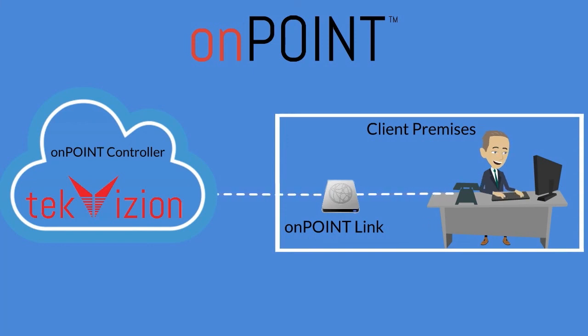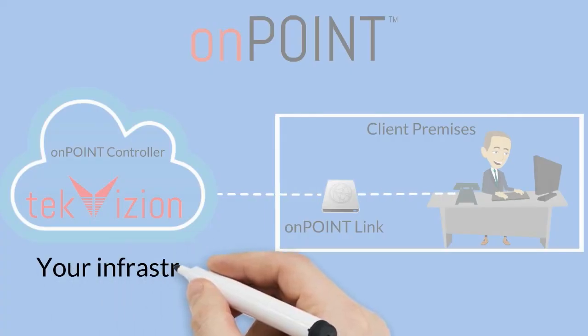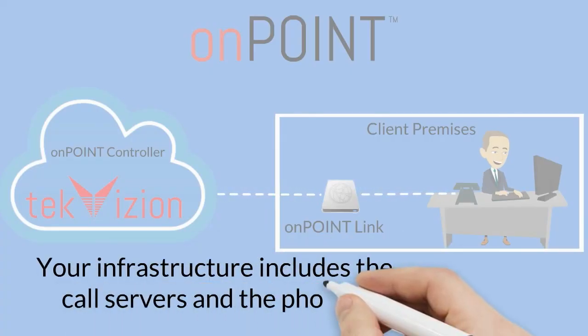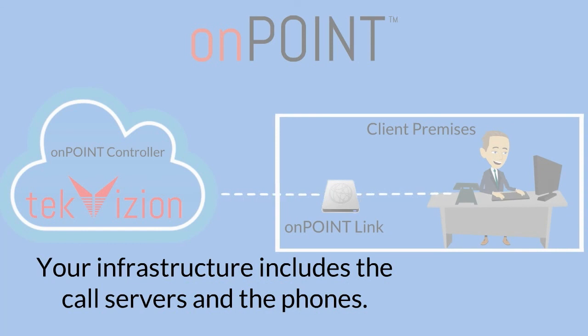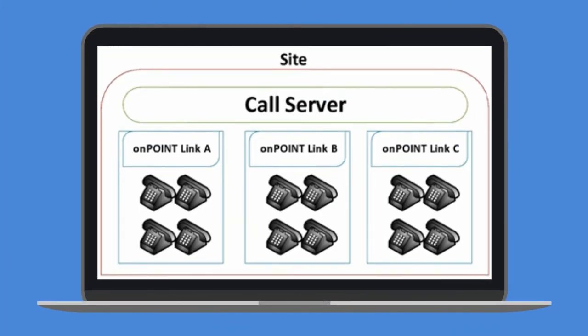The OnPoint controller communicates with the UC infrastructure located on your premises via the OnPoint Link. Your infrastructure includes the call servers and the phones. The following diagram depicts the structure of a site.